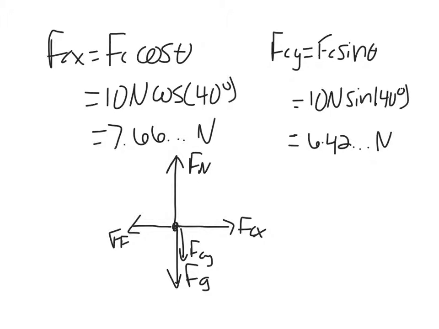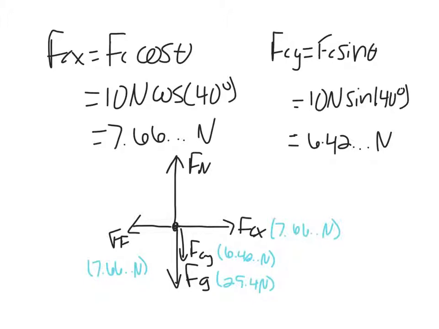Because it's moving at constant velocity, top equals bottom, right equals left. So FCX was 7.66, keeps on going, newtons, which means that the frictional force would also be 7.66, keeps on going, newtons. My FCY is 6.42, keeps on going, newtons, and my FG was 29.4 newtons.